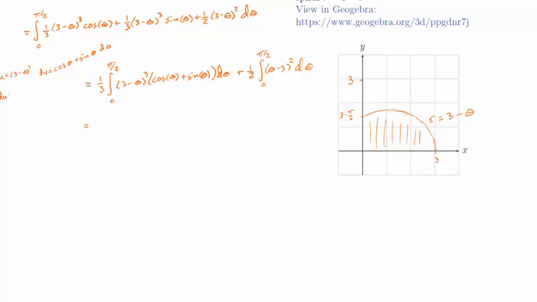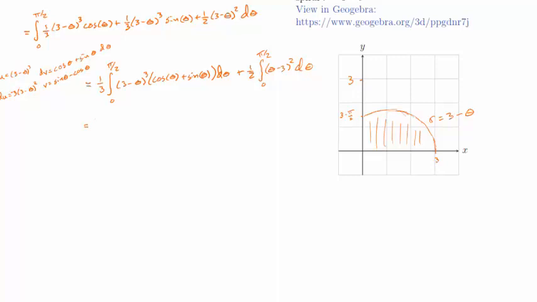So du equals 3 times 3 minus theta squared, v equals sine of theta minus cosine of theta. Oh, and this is times a negative 1 over here, so negative 3.